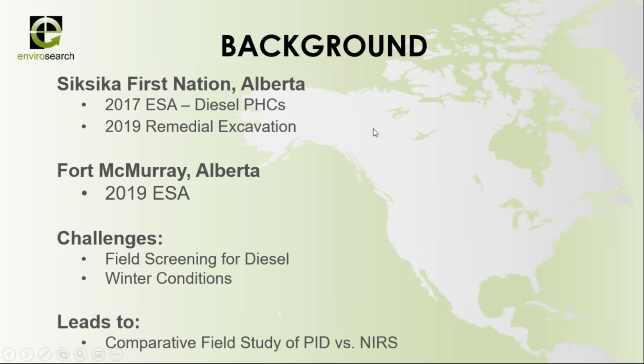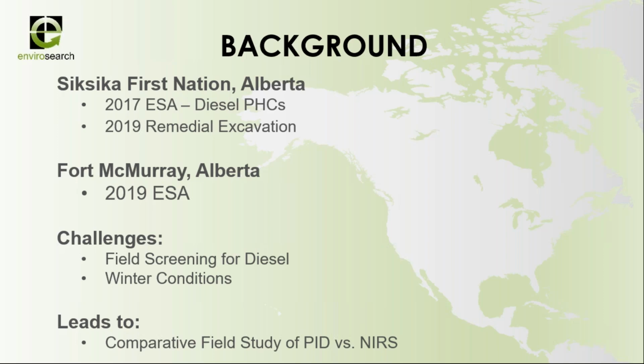For this study, there were 2 sites where we compared traditional PID-based field screening approaches for hydrocarbons to near-infrared reflectance spectroscopy. The first site was in southern Alberta at the Siksika First Nation, east of Calgary, and the other was done in December of 2019 in Fort McMurray.